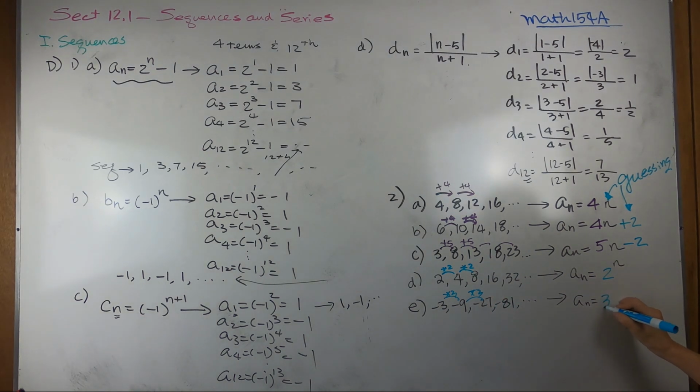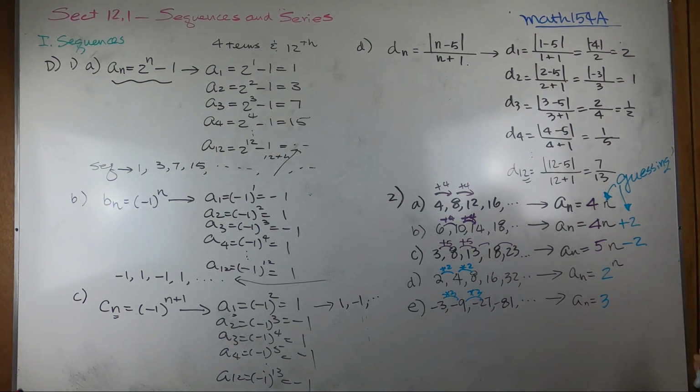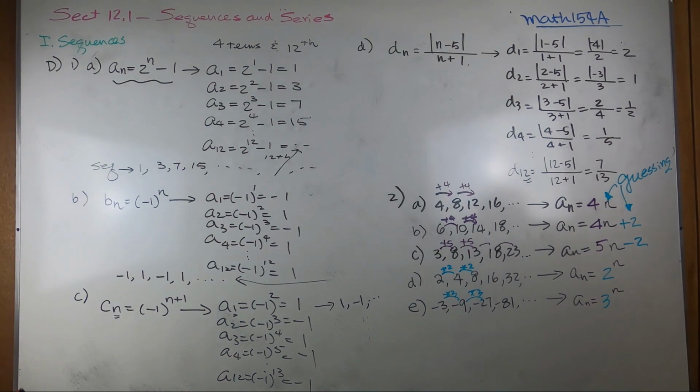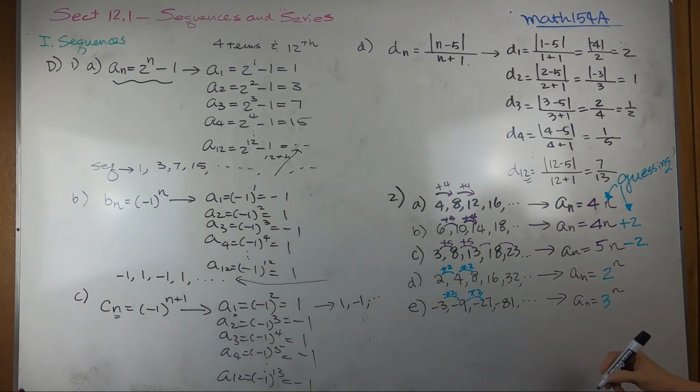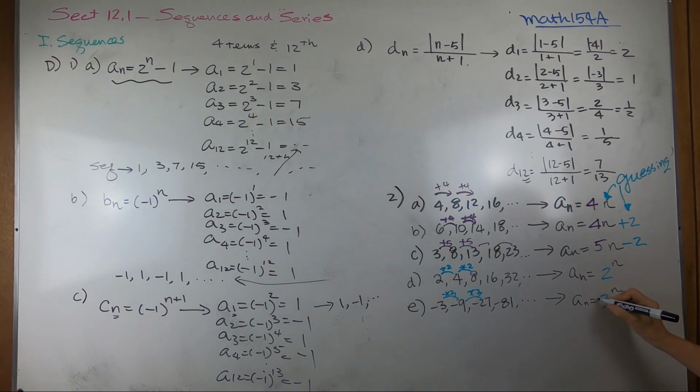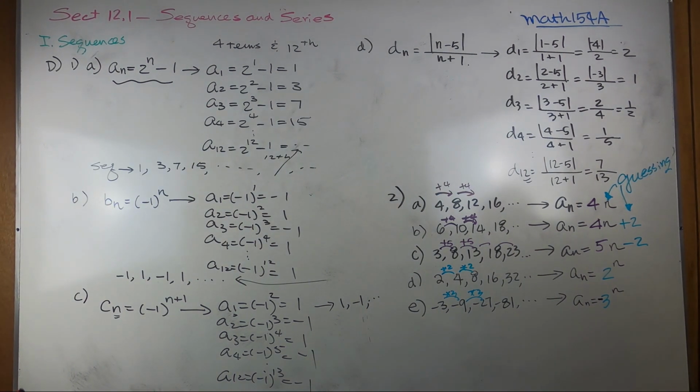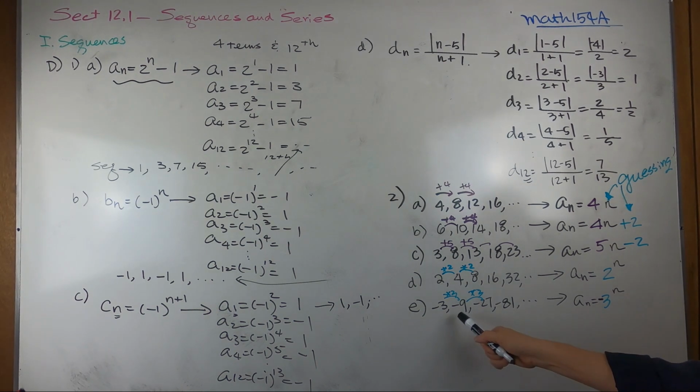Power of 3. So your base is 3, then your power is N. However, our N is whole number, right? The positive number, 1, 2, 3, 4. So if it's 1, it's a 3, not a negative. But all the numbers are negative. All you need to do is what? Add a negative in front of it. That will work.